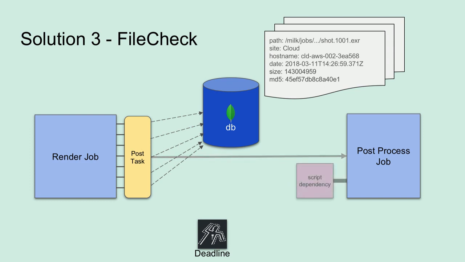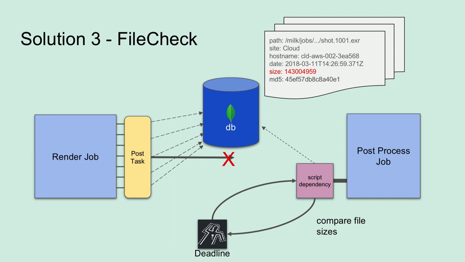So then what we did is add a script dependency to the post-process job, which is a mechanism in Deadline that allows you to control exactly when jobs are actually starting. And what Deadline will do is constantly ask, oh, can I release this job? Can I release this job? So you can actually control that.